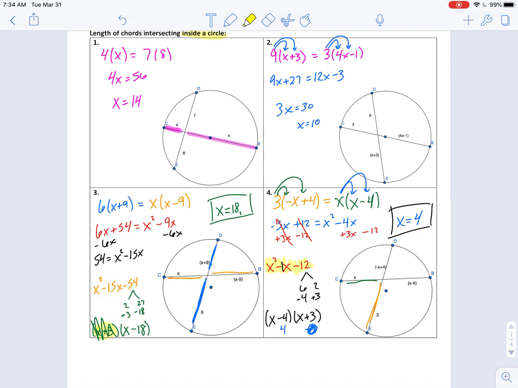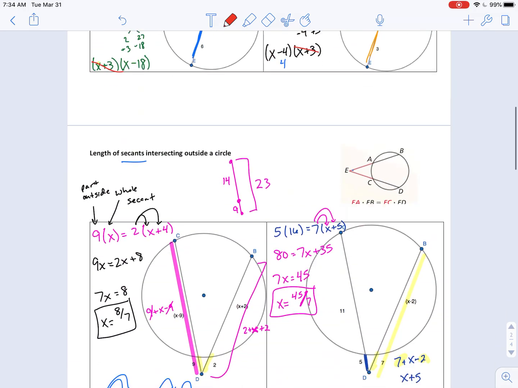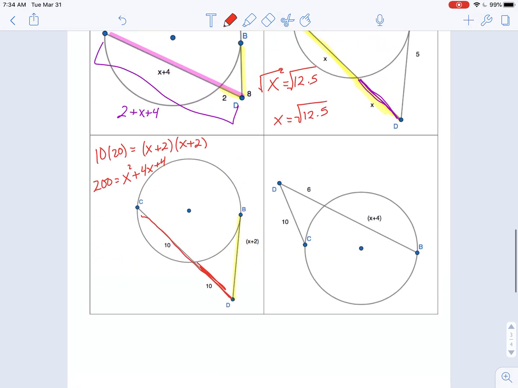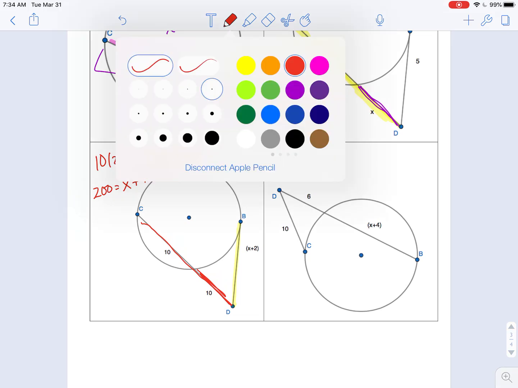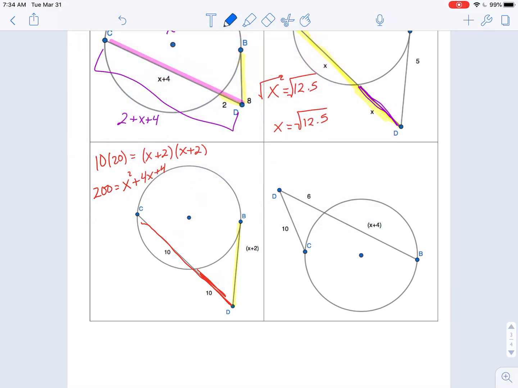And again, think about what we did earlier up here. We tried to get everything on the same side of the equal sign. So we'll do the same thing down here. I want to get that 200 over to the other side. I can subtract 200.